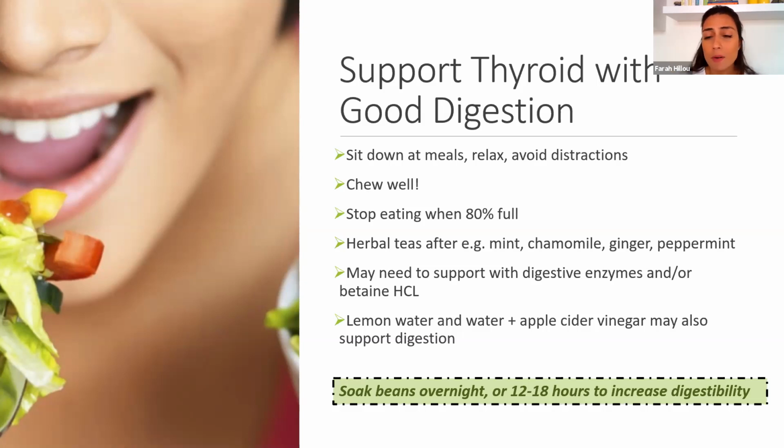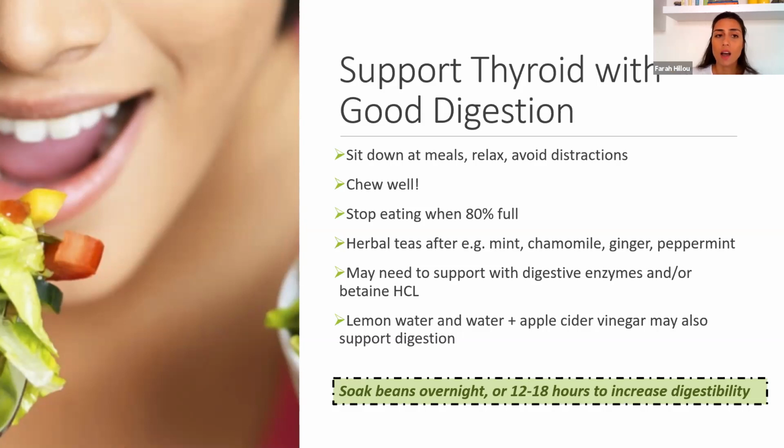Go for herbal teas after a meal, for example chamomile, peppermint, ginger. You may need to support your digestion with digestive enzymes and hydrochloric acid. Thyroid issues can contribute to low stomach acidity. As a result, if you do have low stomach acid, it's going to be difficult to absorb certain nutrients.